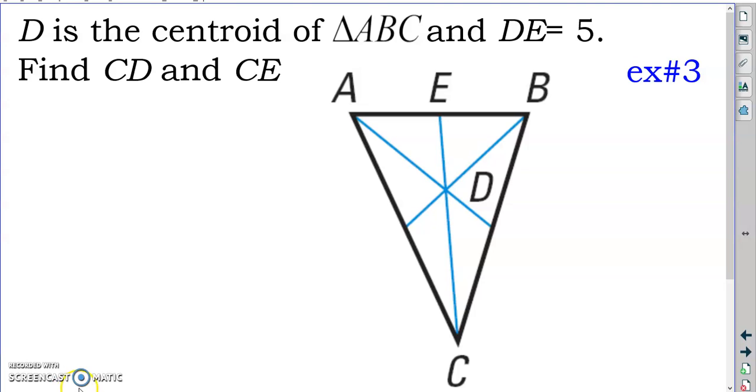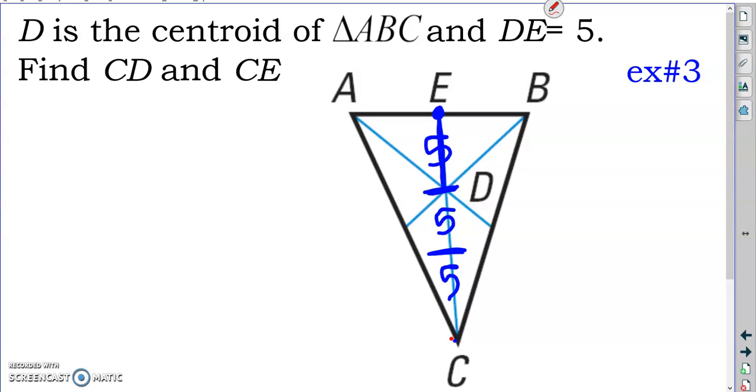Okay, so here DE is 5. So we're looking at the median CE. So from the midpoint E to the centroid D is 1/3, and from the centroid D to the vertex C is 2/3. So we're going to split that in half. So if that 1/3 from D to E is 5, then each of these thirds is also 5.